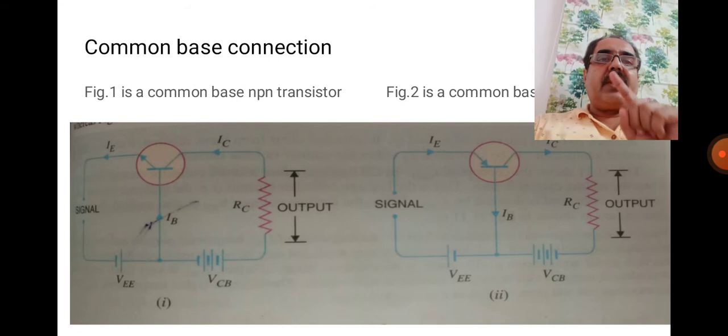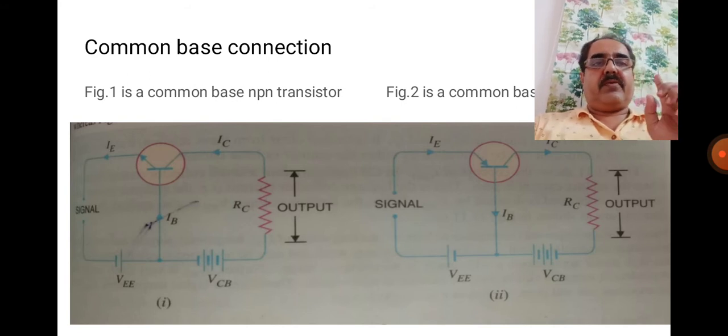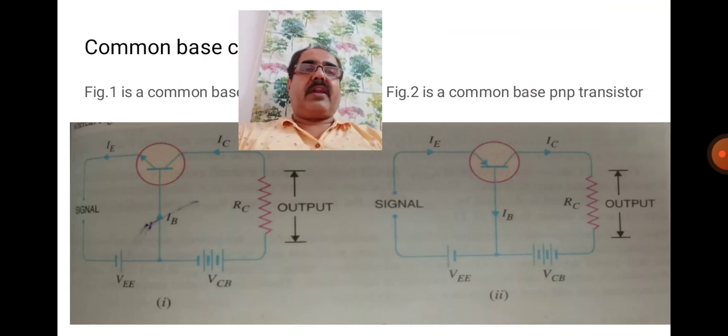N denotes negative, so NPN is negative, positive, negative. And for the PNP transistor, P is positive, then negative, and then positive again.